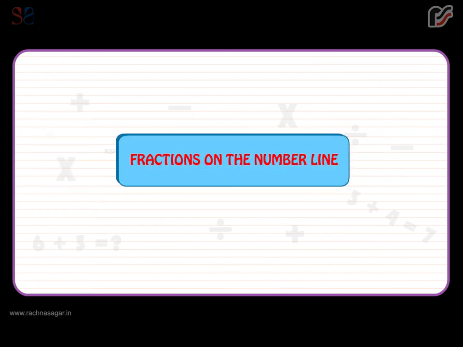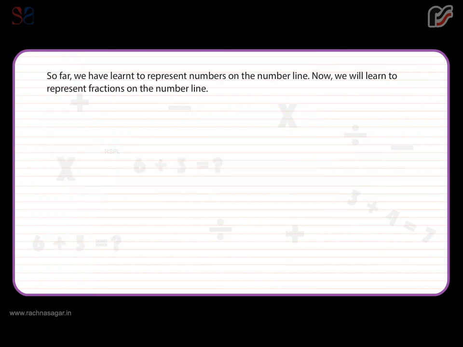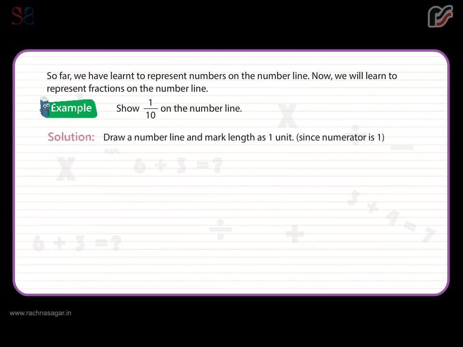Fractions on the number line. So far, we have learnt to represent numbers on the number line. Now, we will learn to represent fractions on the number line. Example, show 1/10 on the number line. Solution, draw a number line and mark length as 1 unit. Since numerator is 1, 0, 1.